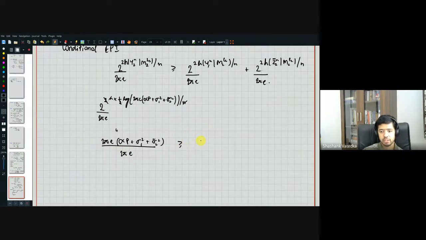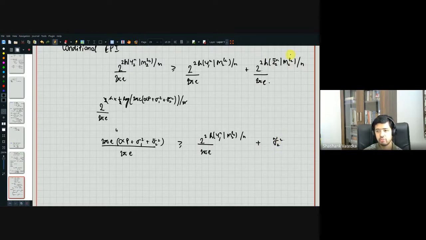The right hand side is 2 to the 2 raised to h of y1^n given m2, divided by n, divided by 2 pi e, plus this entropy power, which just turns out to be sigma 2 tilde square.